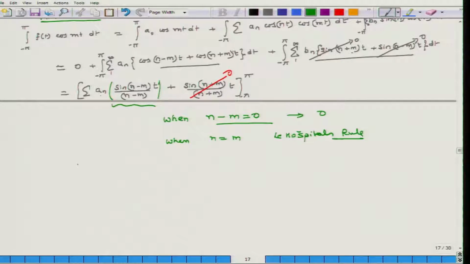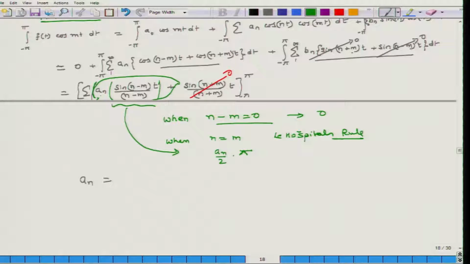So, I can write a_n equal to, when we use L'Hopital's rule for n equal to m, this entire thing becomes a_n over 2 times pi.